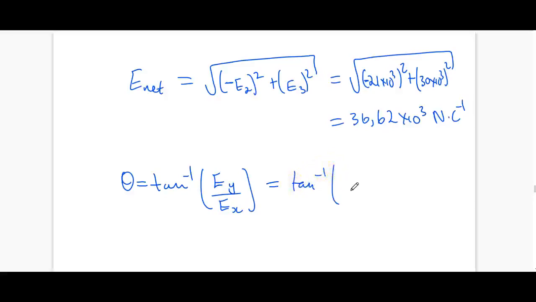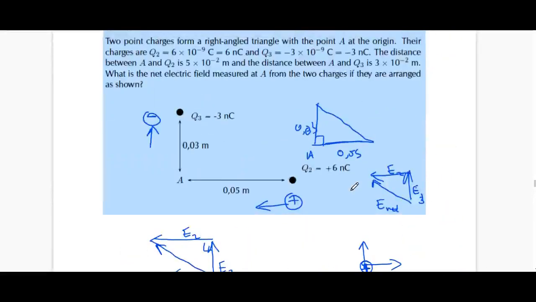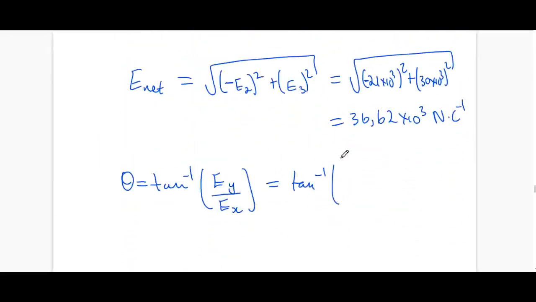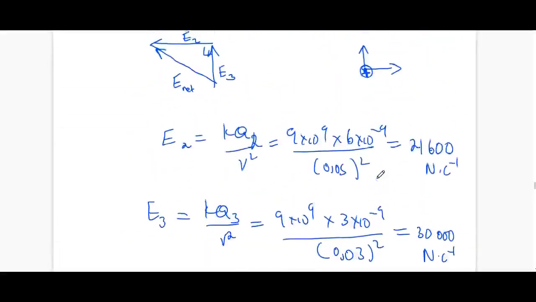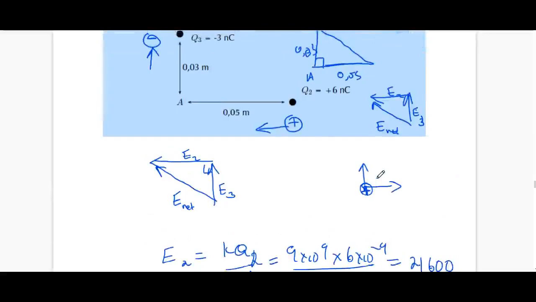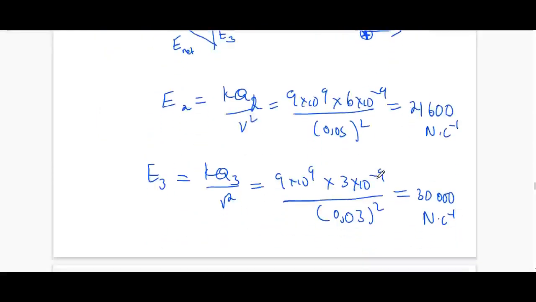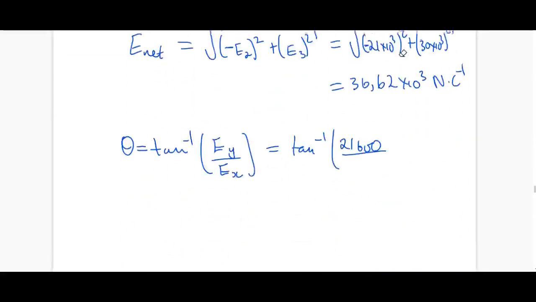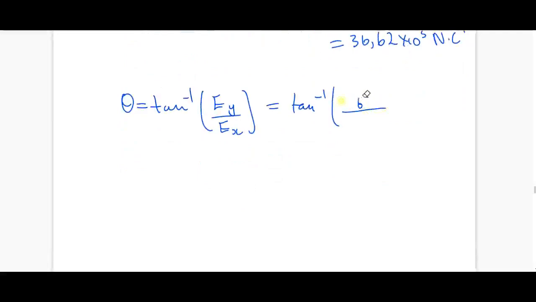The y component is positive, 30,000 at the top, and here 21,600.